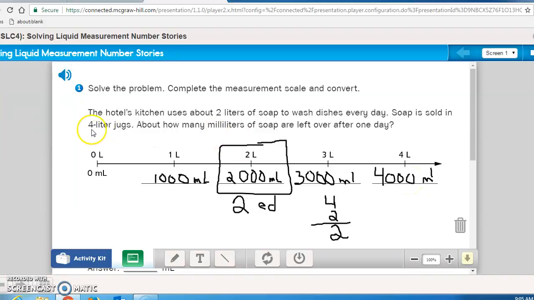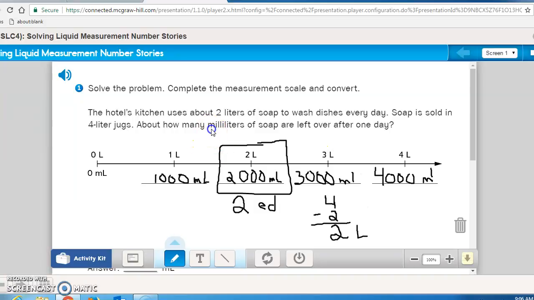It said that I had 4-liter jugs. So I wrote the number 4 down here. And I said I use about 2 liters of soap each day. So I knew I was going to have to subtract 2 in order to get how much would be left over after 1 day. And it was 2 liters.